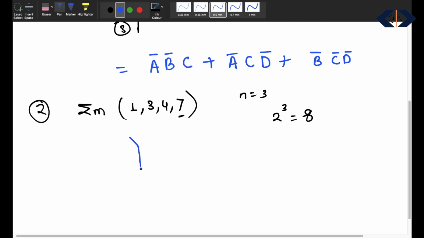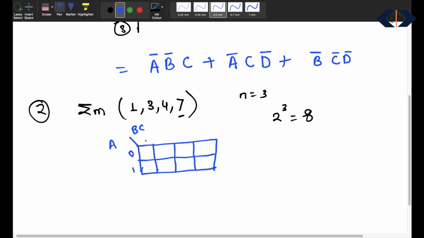We can make those 8 squares in two different formats. I will be choosing this horizontal format, with a total of 8 boxes. I will put A on this side and BC on this side, and now we will start filling.